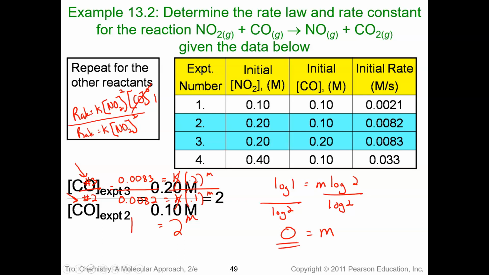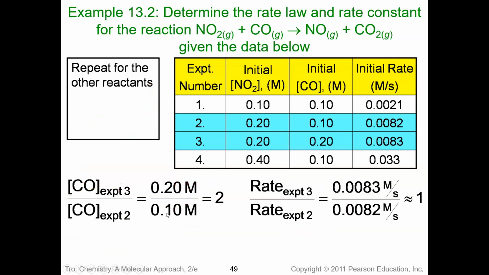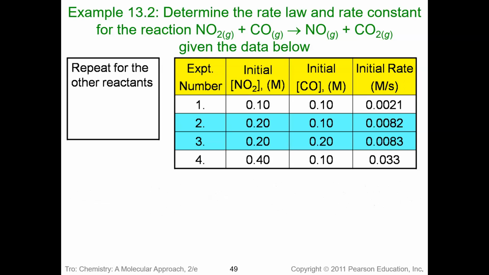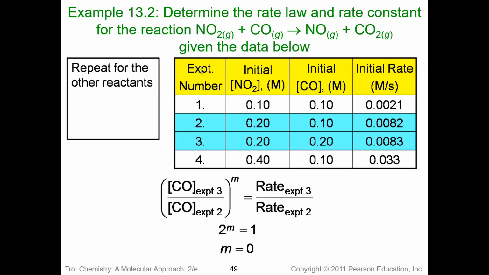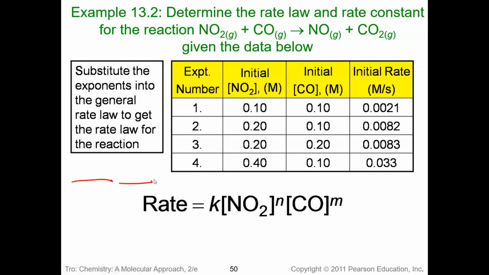All right, so let me just erase all this. So with CO being zero order and NO2 being second order, our orders are second order and zero order. How we write that: this was second order and this one's zero.